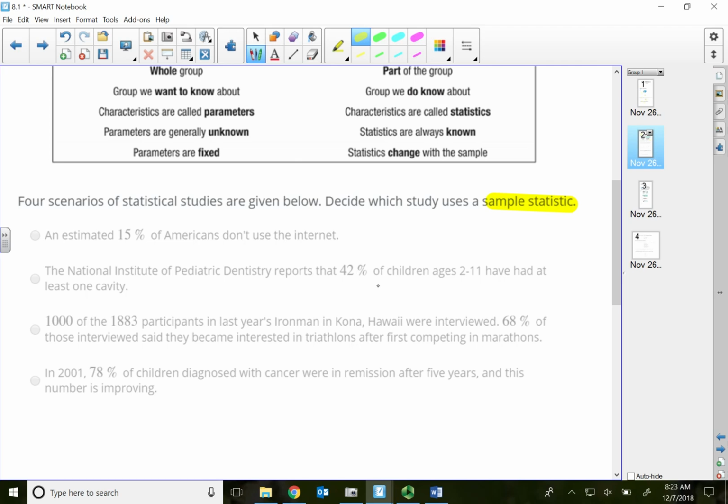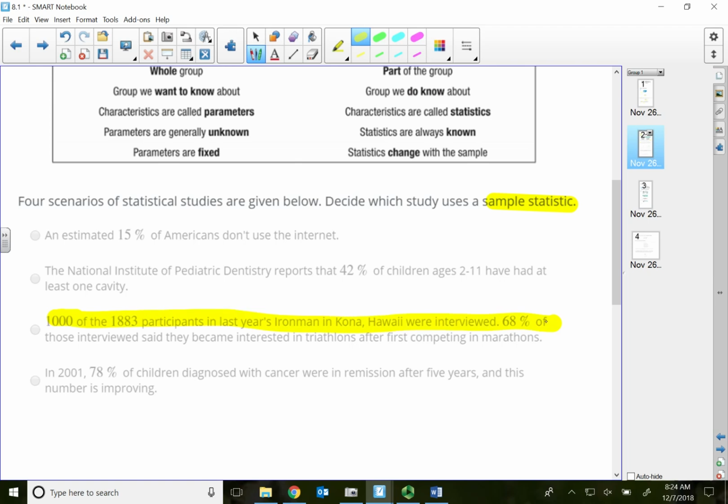So this 42% of all the children between 2 and 11 years old who had a cavity is actually a parameter. Then 1,000 of the 1883 participants in last year's Ironman in Kona, Hawaii were interviewed. 68% of those 1,000 people interviewed said they became interested in the triathlon after the first marathon.